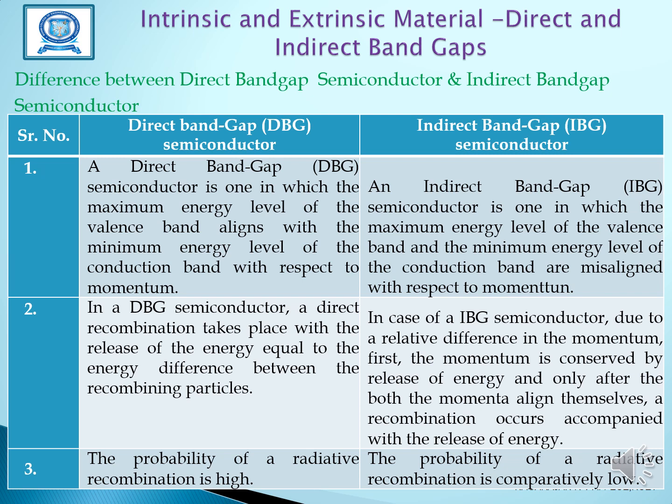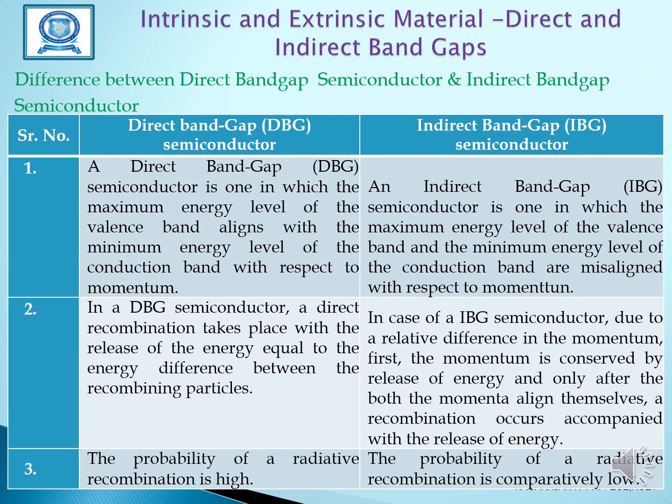In a DBG semiconductor, a direct recombination takes place with the release of energy equal to the energy difference between the recombining particles. In an IBG semiconductor, due to the relative difference in the momentum, first the momentum is conserved by release of energy, and only after both the momenta align themselves does a recombination occur, accompanied with the release of energy.